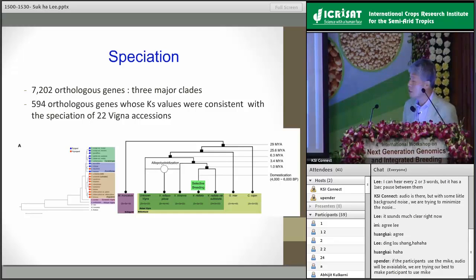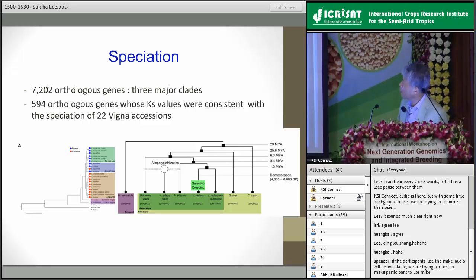This is the same conclusion as in soybean. So probably, in nature before domestication, Vigna radiata and Vigna radiata sublobata may have existed together.